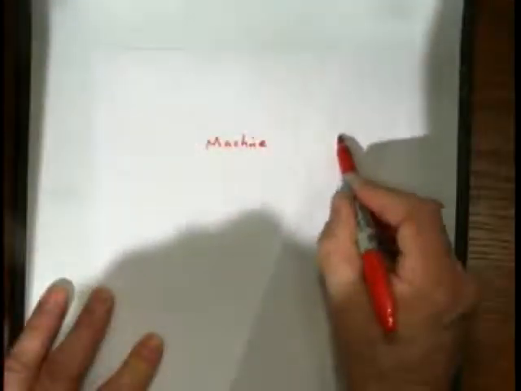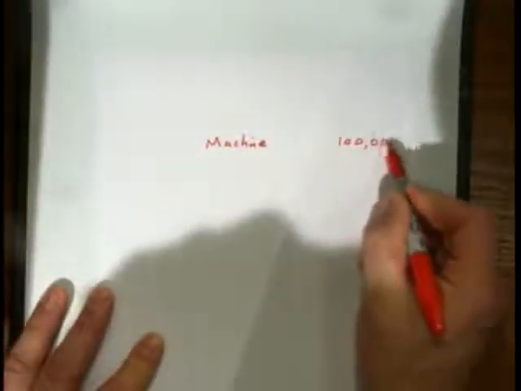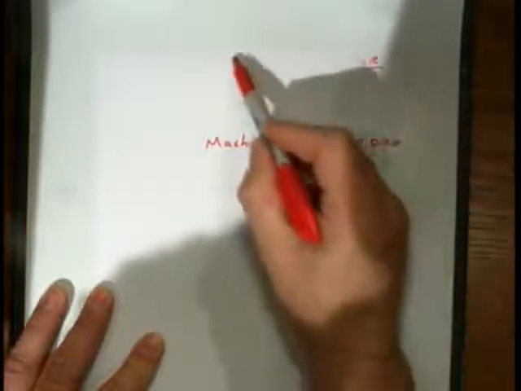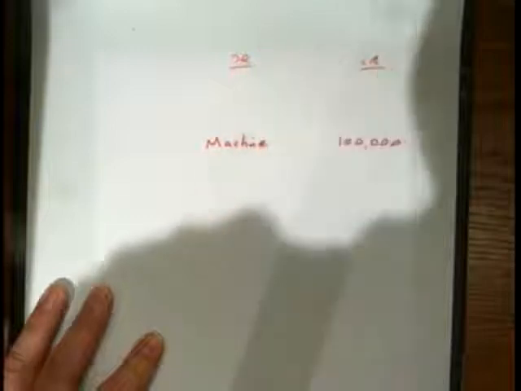So the cost of that asset was $100,000, correct? So I think they said this was a machine. Is that correct? Is that right, guys? So we're going to credit machine for the cost, $100,000. This is the credit column. This is the debit column.